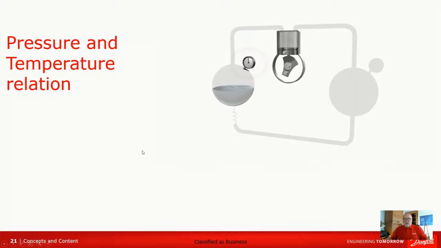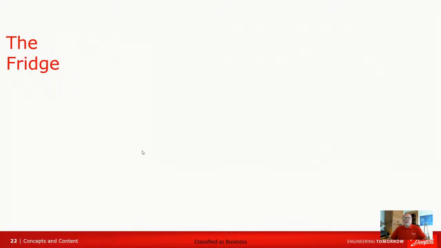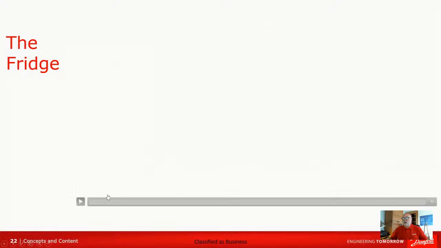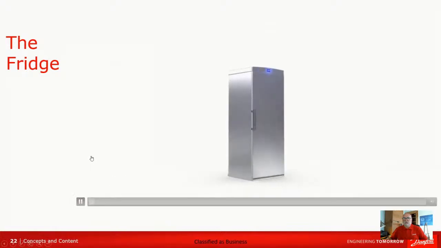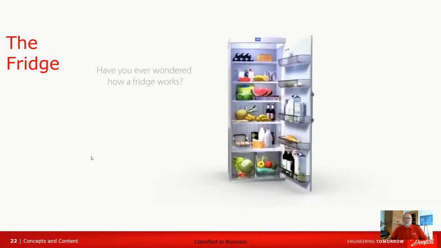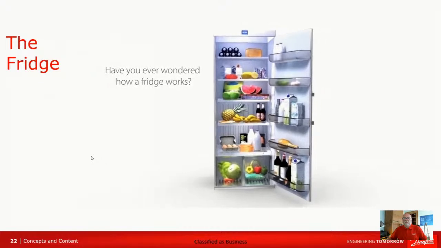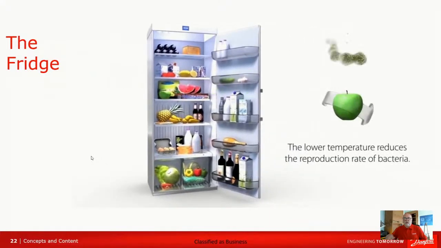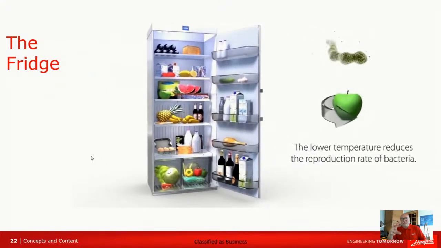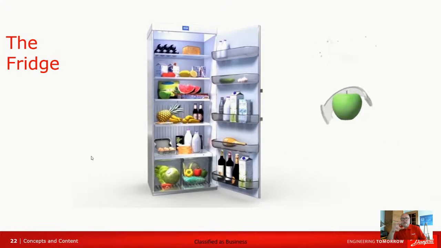So let's just have a look at the ordinary domestic freezer. Again, if I can get this animation running, I hope I can. So let's start from the beginning. There are reasons why we cool stuff here, foodstuff, to keep it fresh, to keep it as long as we can.